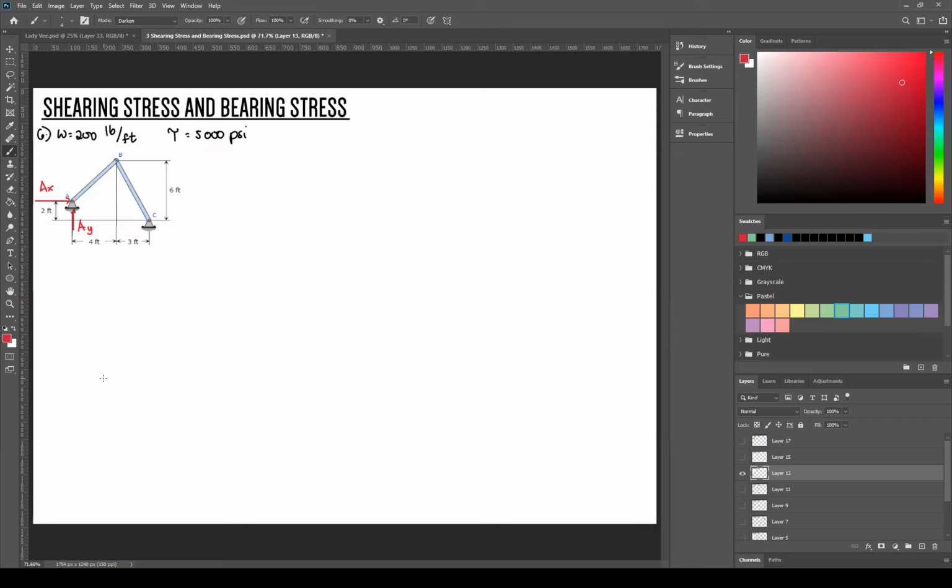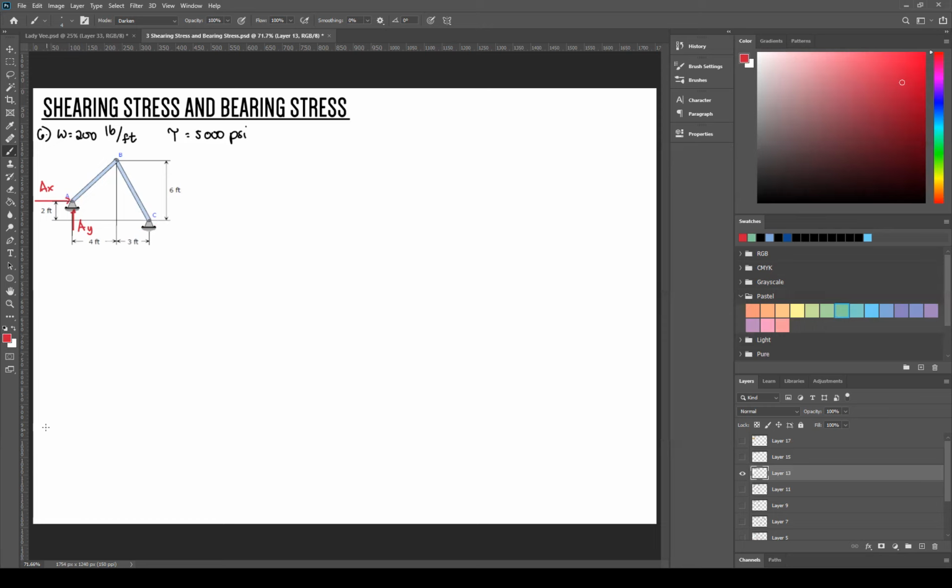The only way to use moment about another support to get the reaction is when these supports lie on the same horizontal line. So let's say if this C was over here, and we did summation of moment at C, AX would cancel out because that passes through C. So we can solve for AY. Okay? However, that's not the case, so we can't do that.